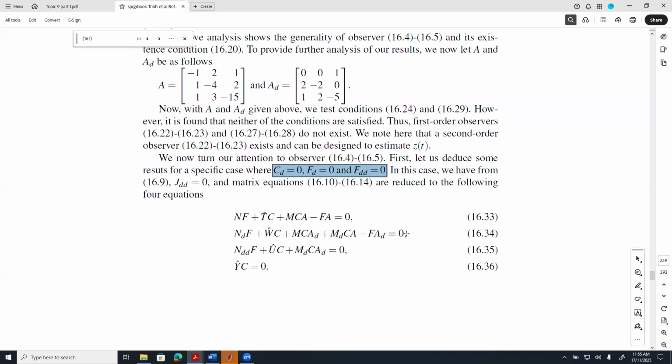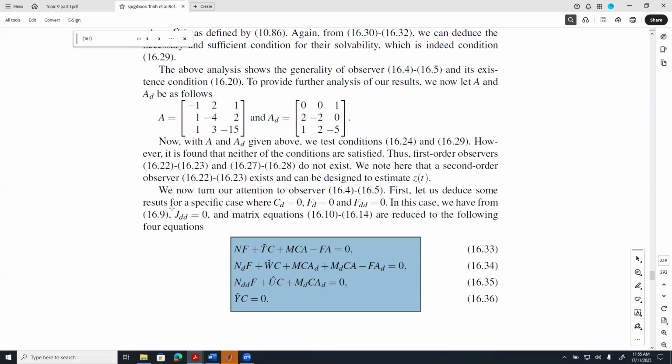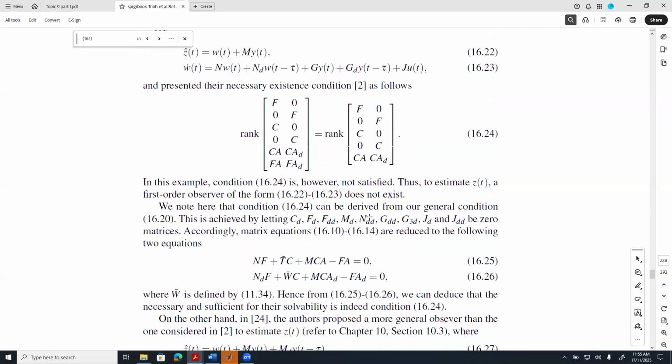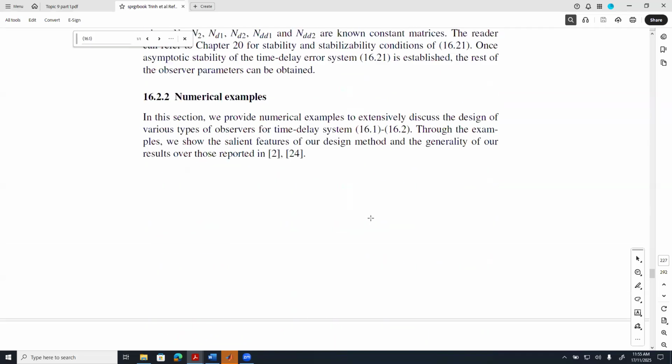So FD and FDD are 0, and again we have the 5 conditions, the 5 matrix equations. They boil down to 4 matrix equations, and then what happens? We have this FDD equal to 0. The reason for that is, let's have a look at FDD.